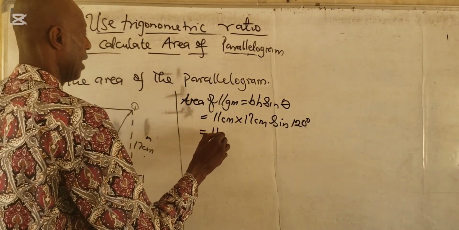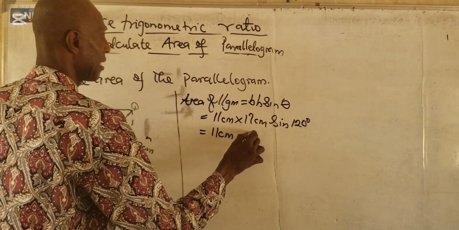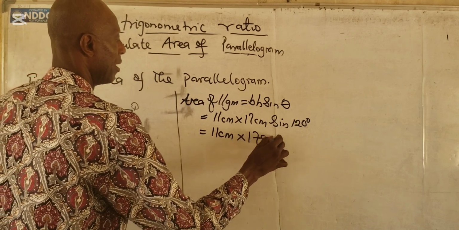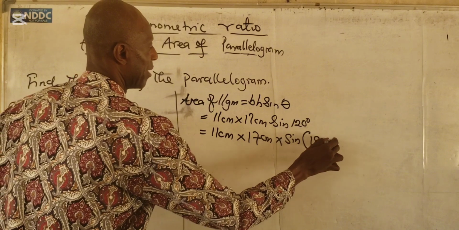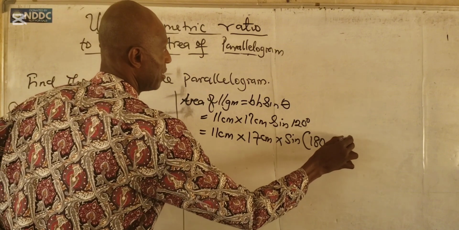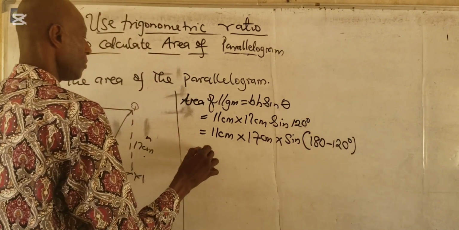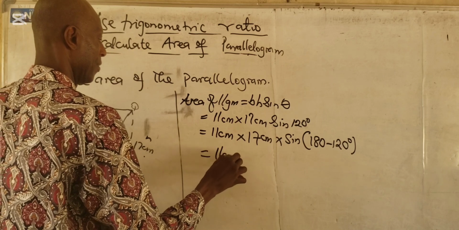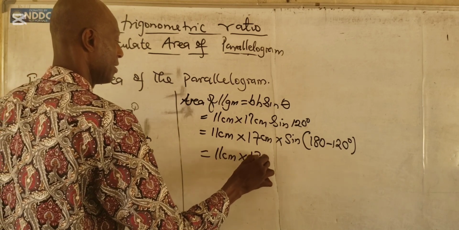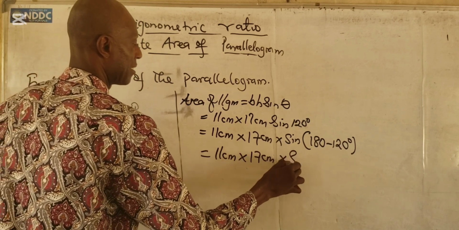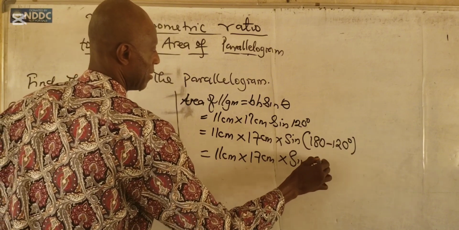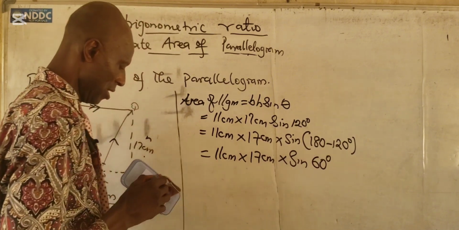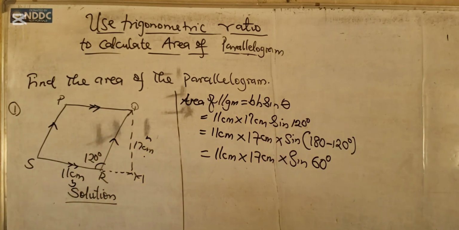It is equal to 11 cm times 17 cm times sine (180 minus 120) degrees. Sine (180 minus 120) gives us sine 60. So sine 60 degrees is equivalent to sine 120 degrees.